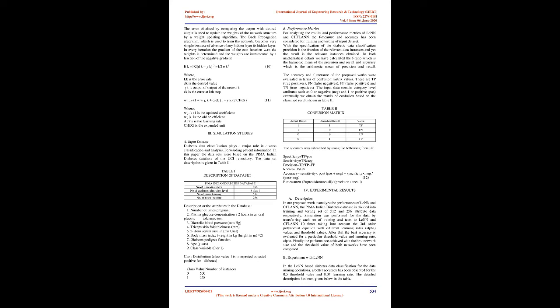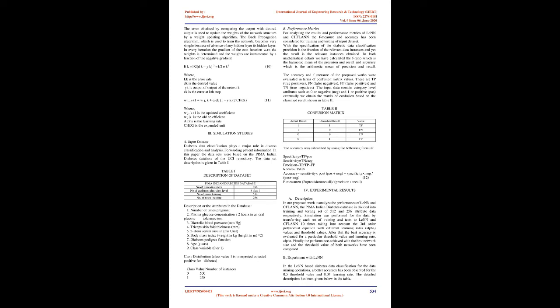The backpropagation algorithm, which is used to train the network, becomes very simple because of the absence of any hidden layer. In every iteration the gradient of the cost function with respect to the weights is determined and the weights are incremented by a fraction of the negative gradient.